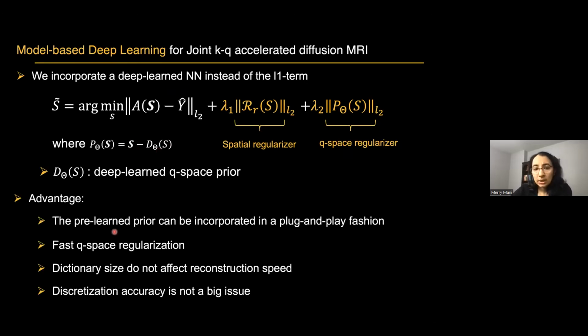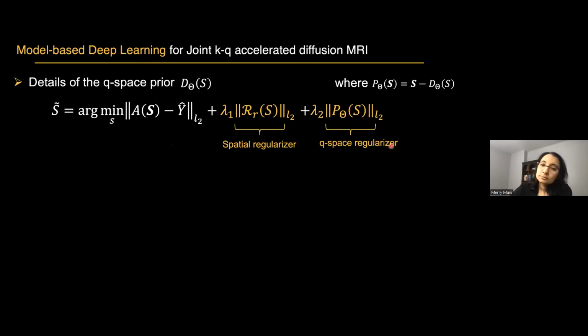The advantage I want to achieve from this method is that because this is a pre-learned regularizer, I can put it in my reconstruction in a plug-and-play fashion. It's going to provide me with fast Q-space regularization. The dictionary size would not affect my reconstruction speed. Similarly, the dictionary discretization accuracy also would not influence my reconstruction accuracy.